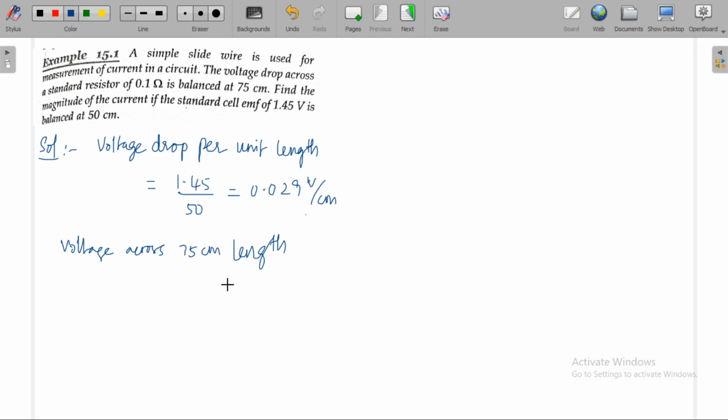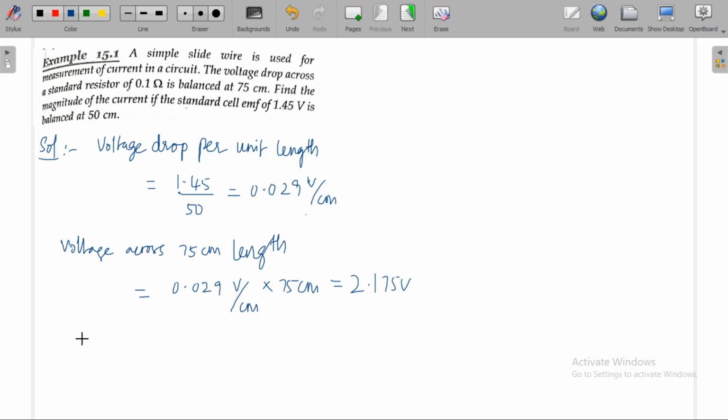is equal to, anyhow we know we have voltage drop per unit length, 0.029 volts per centimeter into 75 centimeters, then you are going to get 2.175 volts. So voltage drop across 75 centimeters length of wire is equal to 2.175 volts.